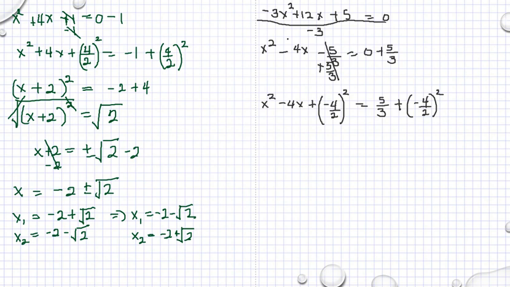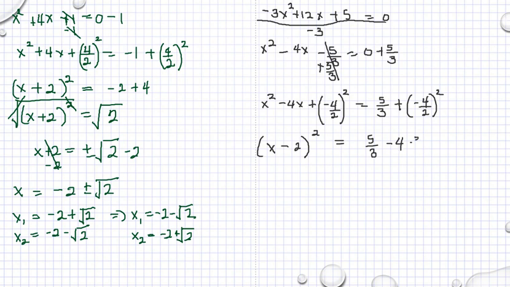And then we have x minus, this time it's a square with a minus in between, 2 squared is equal to 5/3 plus 4.